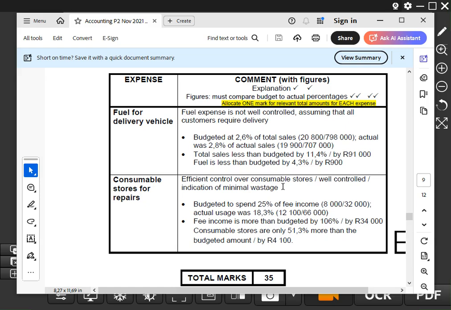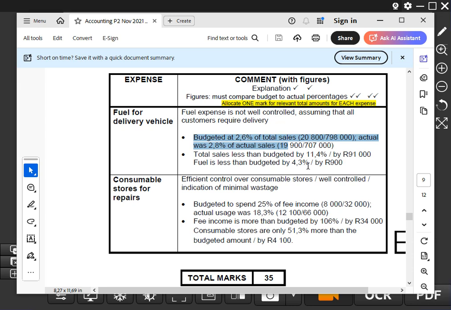Yeah. Okay, so what she did, can you see this is what I did, first one, budgeted 2.6, actual 2.8. That's 2 marks already. So you can say it's not well controlled, because the expense is bigger.